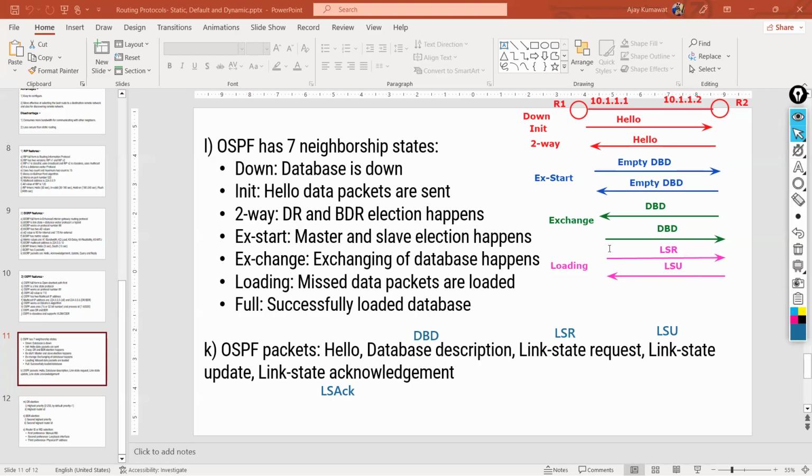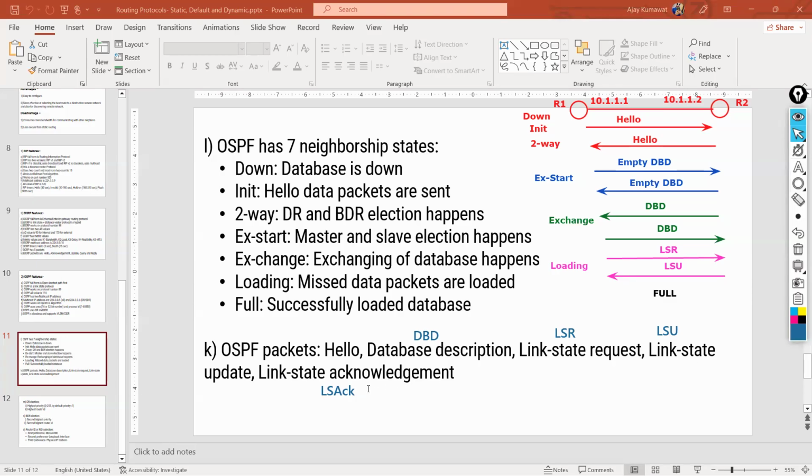Then once they have completed the missing information, that means both have the same database. Both have the full information about each other. So there comes the final state, which is Full. And since OSPF is a reliable protocol, for the database description, link state request and link state update, there will be an acknowledgement.